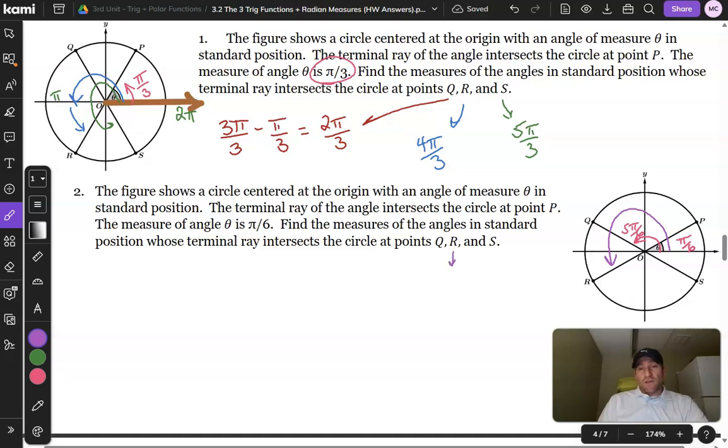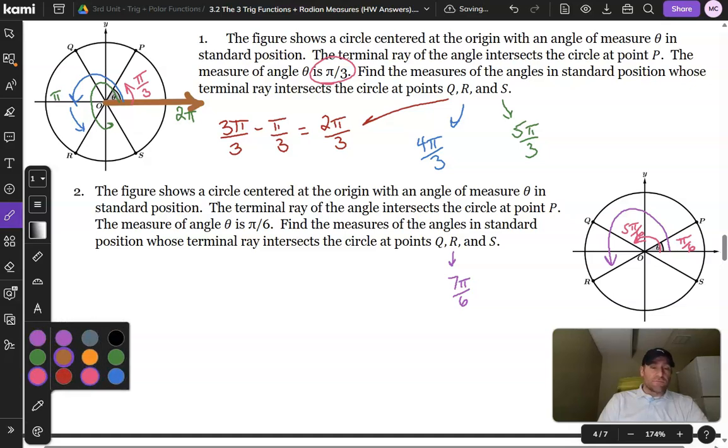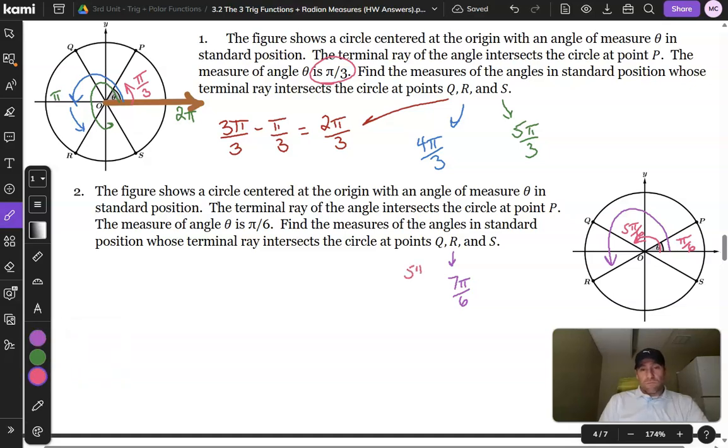So R is, in fact, 7 pi over 6. That leaves us with just point S, and that right there is negative pi over 6, which means to get to S, we have to go 11 pi over 6.